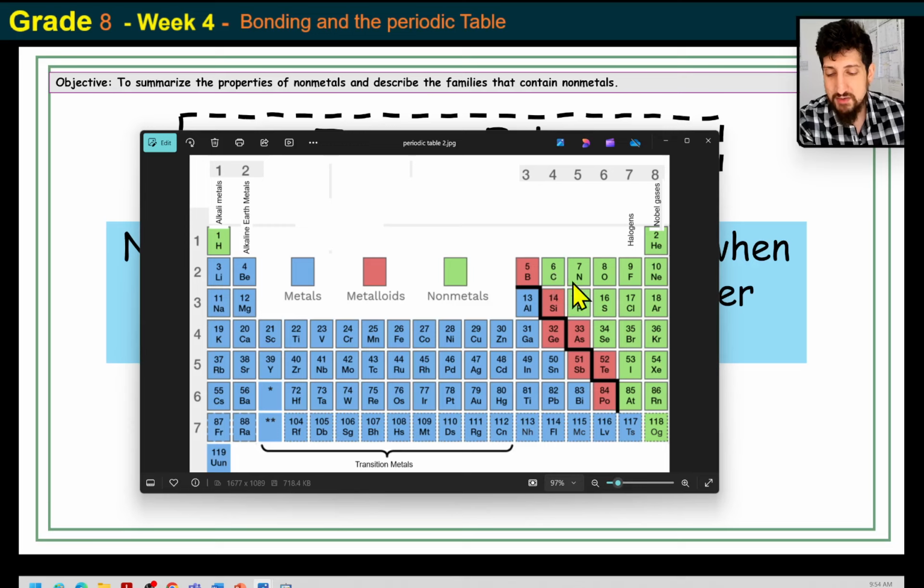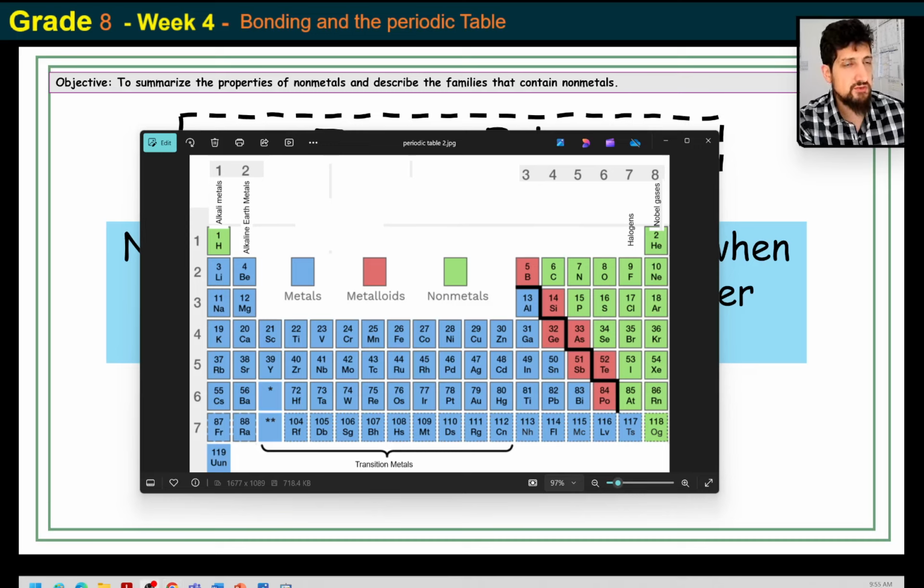What about carbon? Somebody might ask me, what about carbon? Carbon's group 4. It has 4 electrons. Would it be easier to lose 4 or gain 4? Well, carbon actually does both. It can gain and it can lose electrons. It's a very interesting scenario.